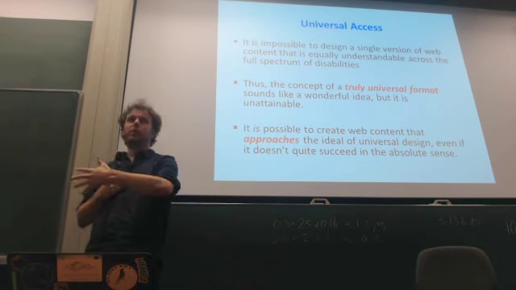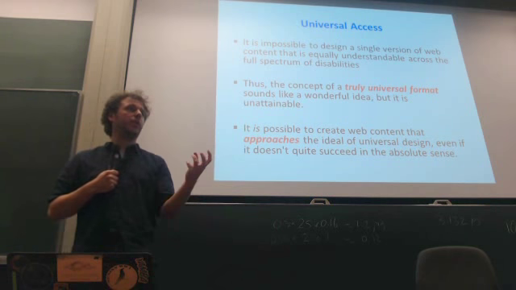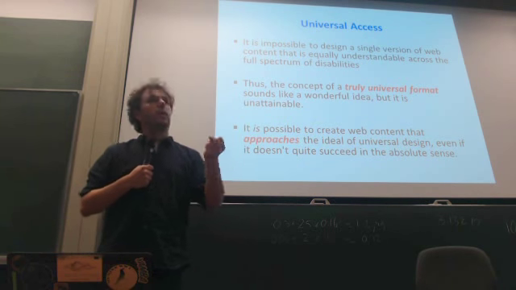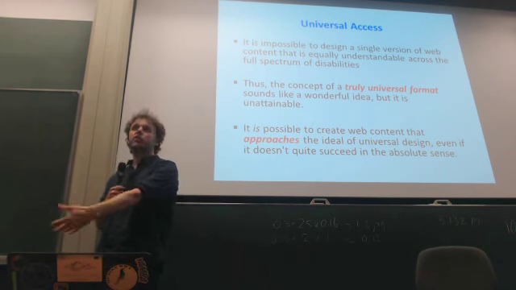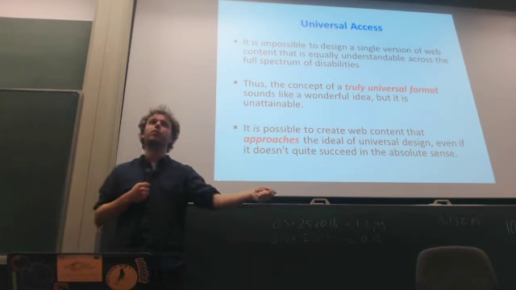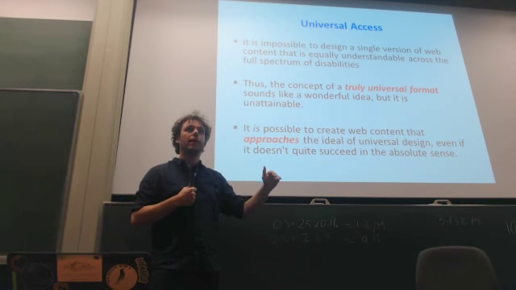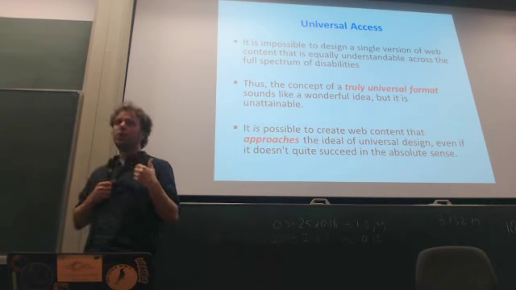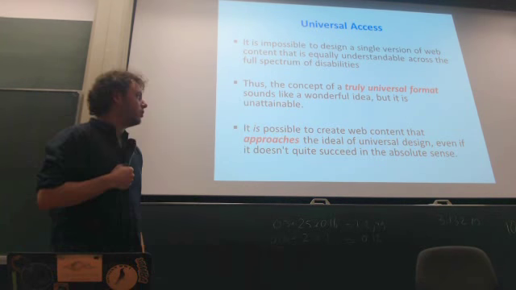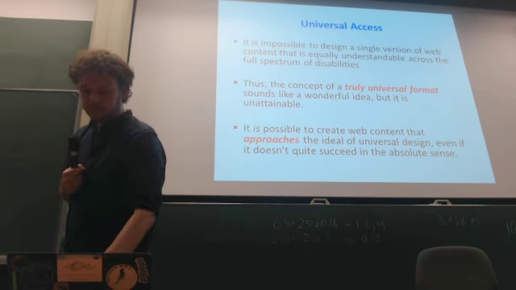So the web is not a bunch of nature's laws. It's something that we create as web technologists, right? So it's something that we can change. If you see something's not working, we can just improve the technology and add another layer to it and make it work. So this idea of approaching universal access is something that we can strive towards.